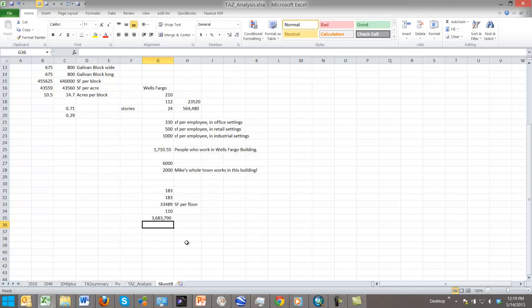Well, let's just do the employees first. So now if our 330 rule is true here, then that means 11,000 people worked in each of the buildings. Workers per building. So times 2, and that's the total.